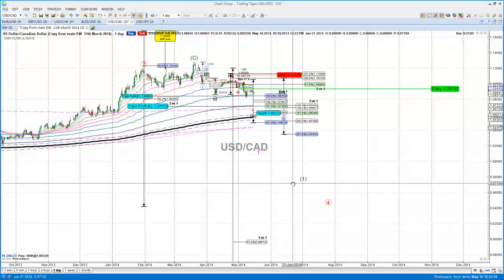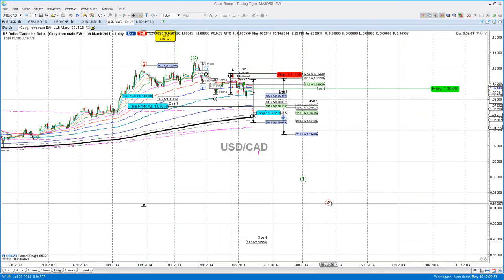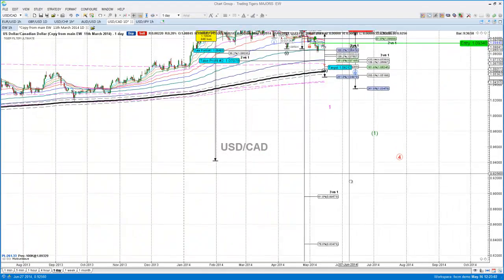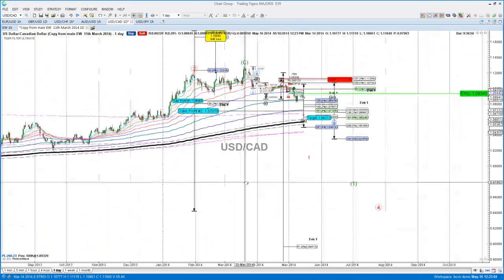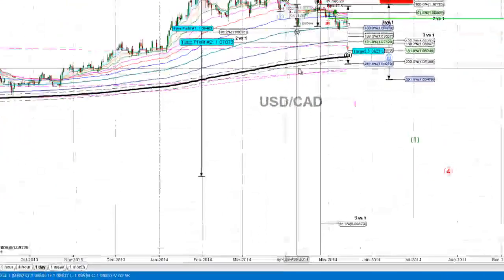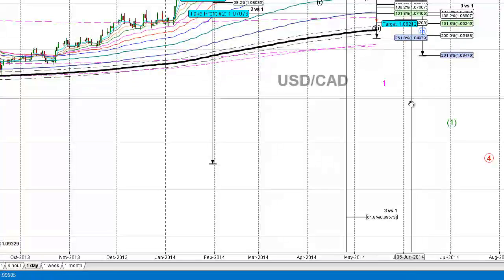So that's what we're looking for. We're looking for the wave 3 to occur and to come down quite significantly. So we're waiting for that cross to happen, the cross of this black line for us.